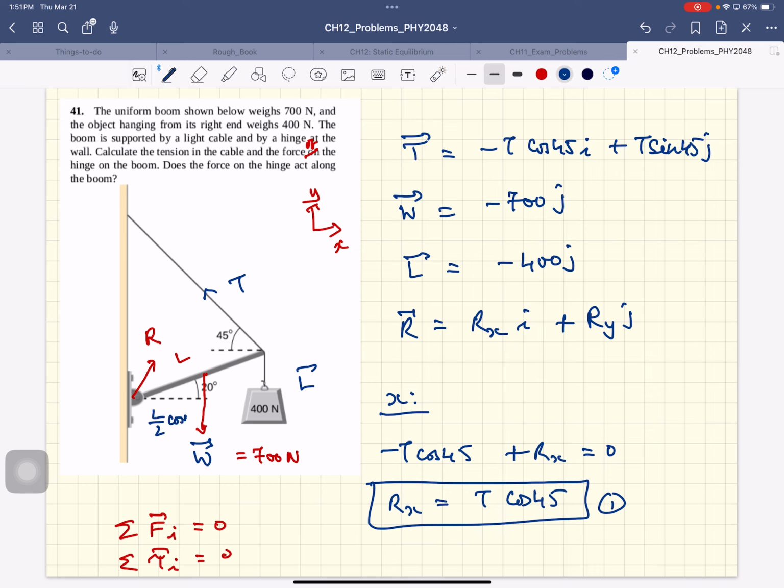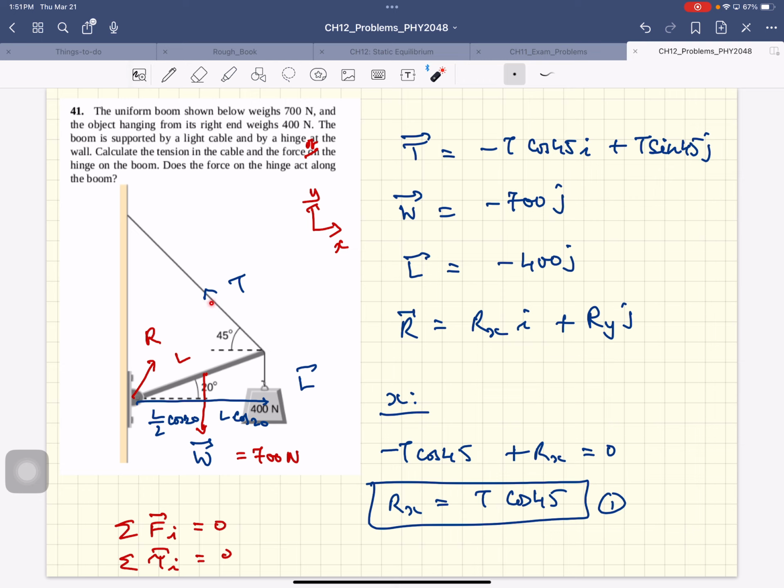And this length is L cosine 20. So these guys are providing clockwise torque. What is providing the counterclockwise torque? The tension is providing the counterclockwise torque.